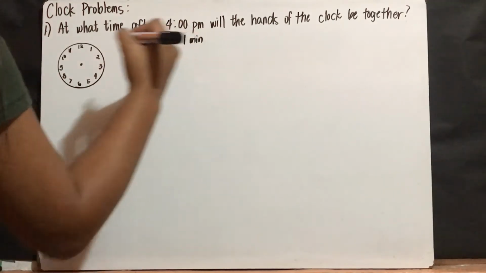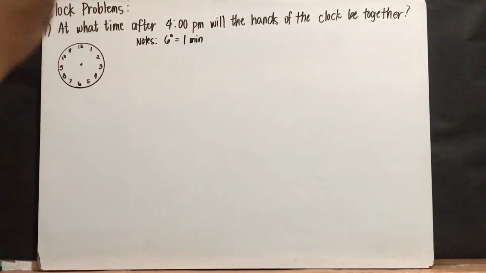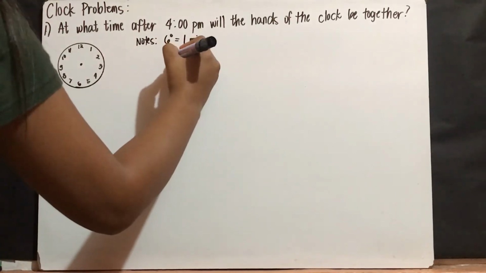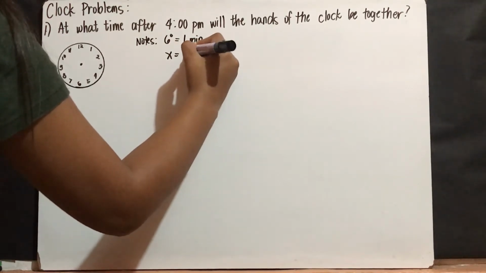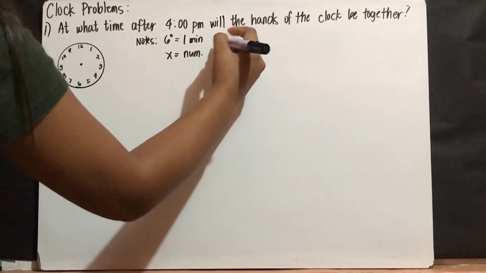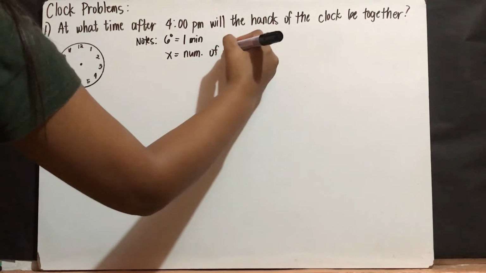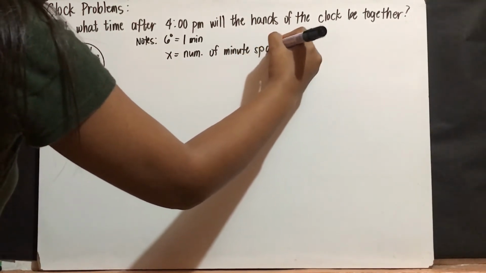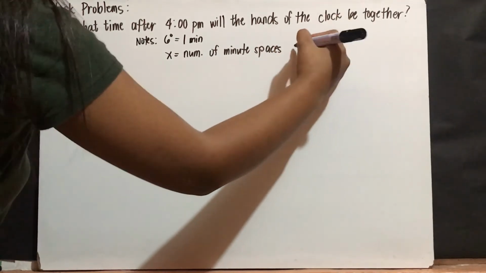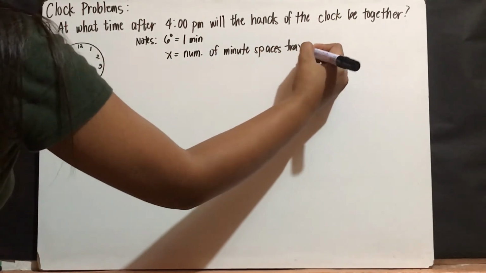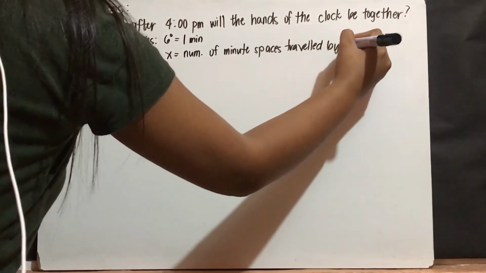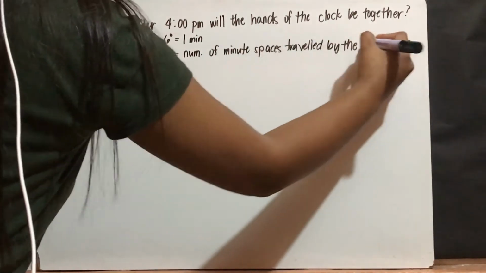And then, yung mga parameters or yung mga variables na gagamitin natin will be x, which is equal to the number of minute spaces traveled by the minute hand.